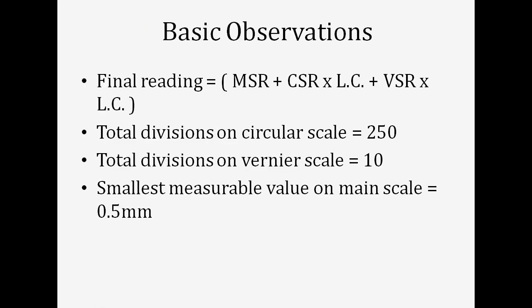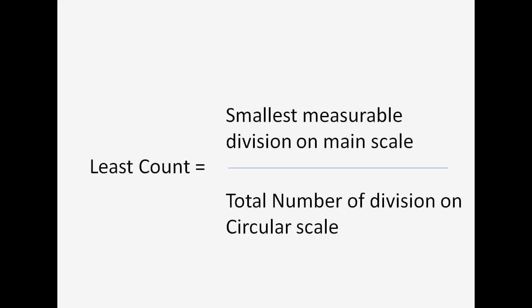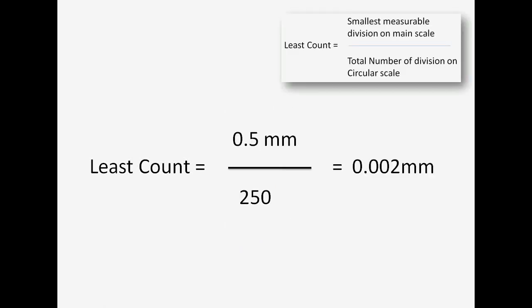Let's discuss the least count. The meaning of least count is the smallest measurable division on the main scale divided by the total number of divisions on the circular scale. Based on our observation, 0.5 mm divided by 250 is equal to 0.002 mm.